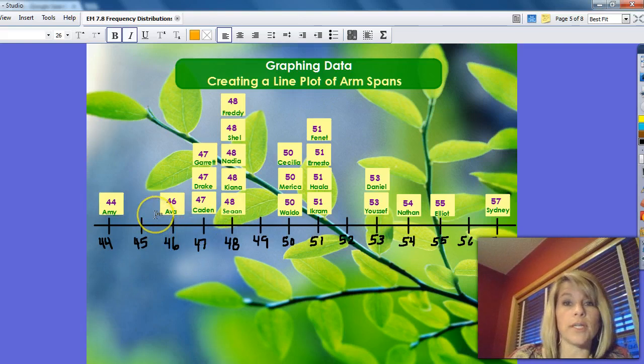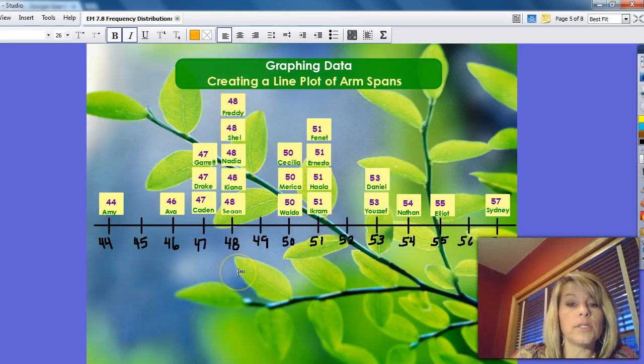So 45 inches had 0 students, 49 inches had 0 students. And I can also see very quickly which numbers were the lowest. So anything with one post-it note was a low number, and then the higher the post-it notes, that means the most students had that number. So 48 inches is the highest number, or the number that shows up the most often.